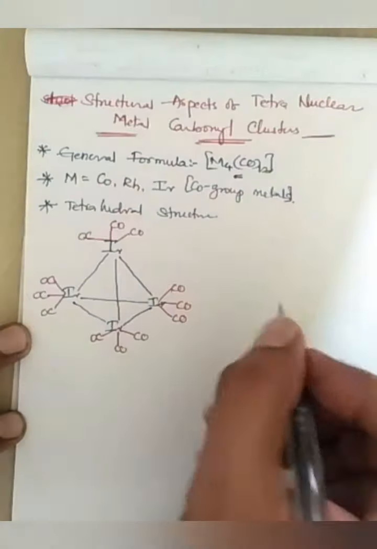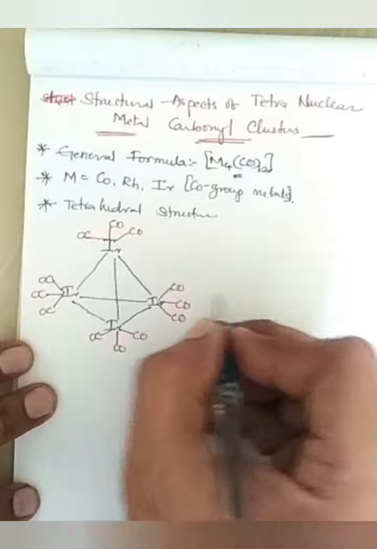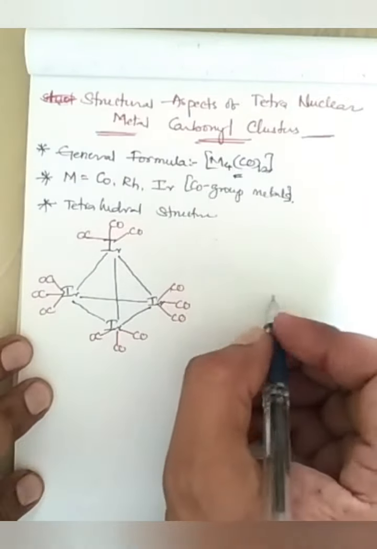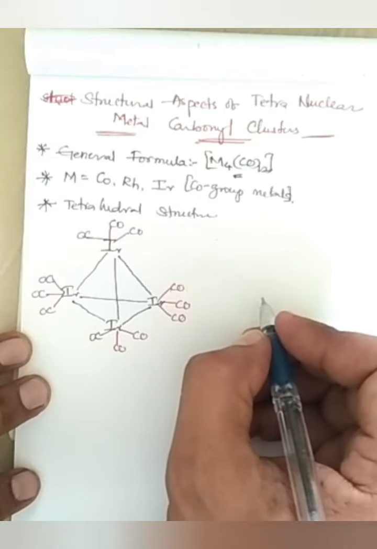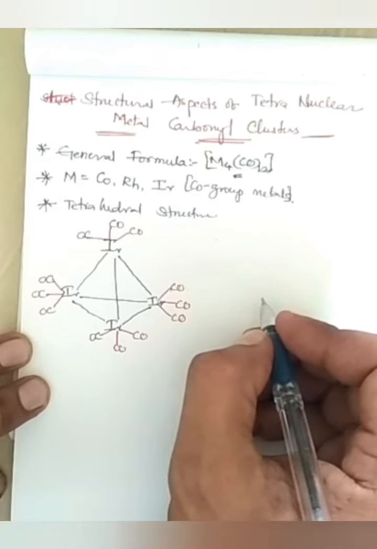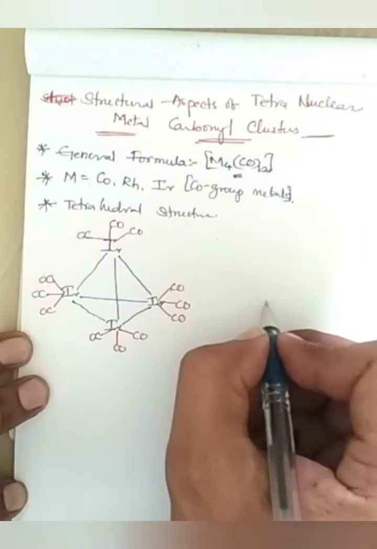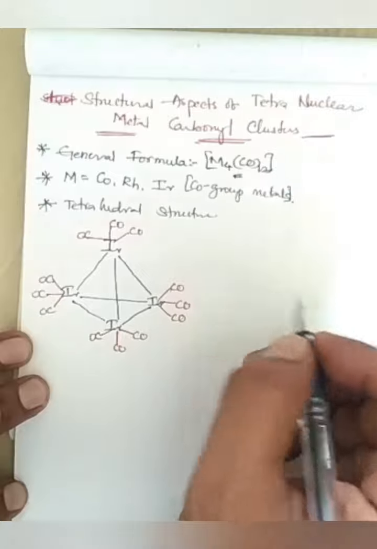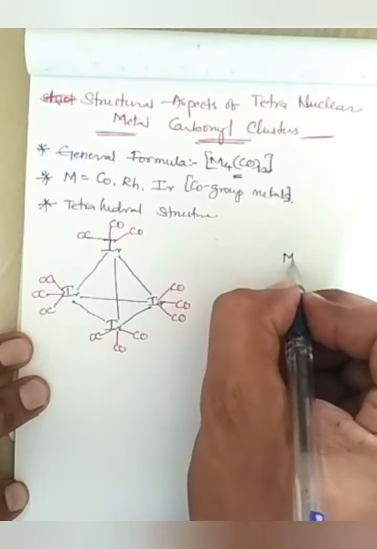And this iridium structure, when compared with the cobalt and rhodium structures, varies slightly, right? Just as the iron structure varies from the ruthenium and osmium structures in trinuclear metal carbonyl clusters, here the cobalt and rhodium structures will be in slight variation.